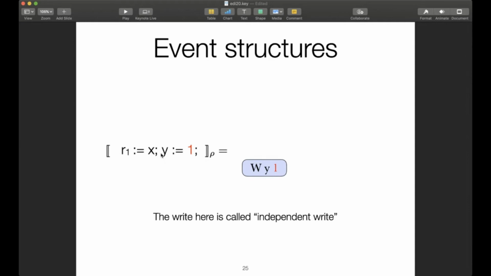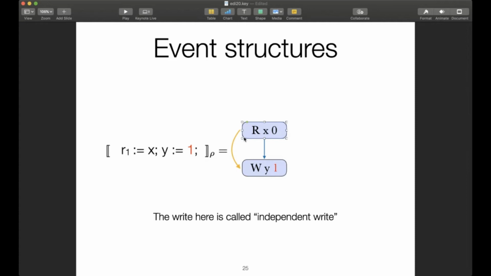So the first thing we'll do when we're producing the denotation of this program is get the semantics of this write of 1 to Y. And that's going to produce, as I said before, just a write event. The next thing we do is we look at the preceding code, and that is a read of X. So we're going to duplicate this write of Y for all possible read choices of X. So here's an explicit choice of X equals 0.